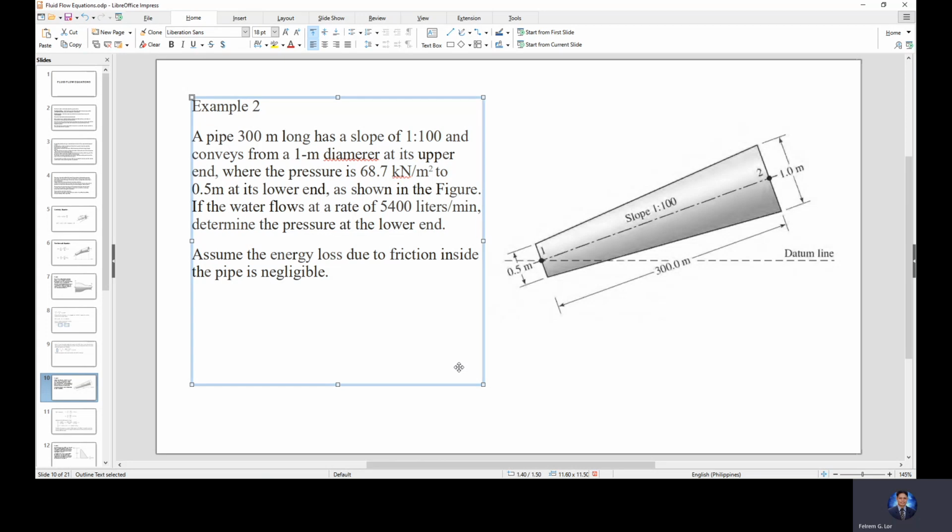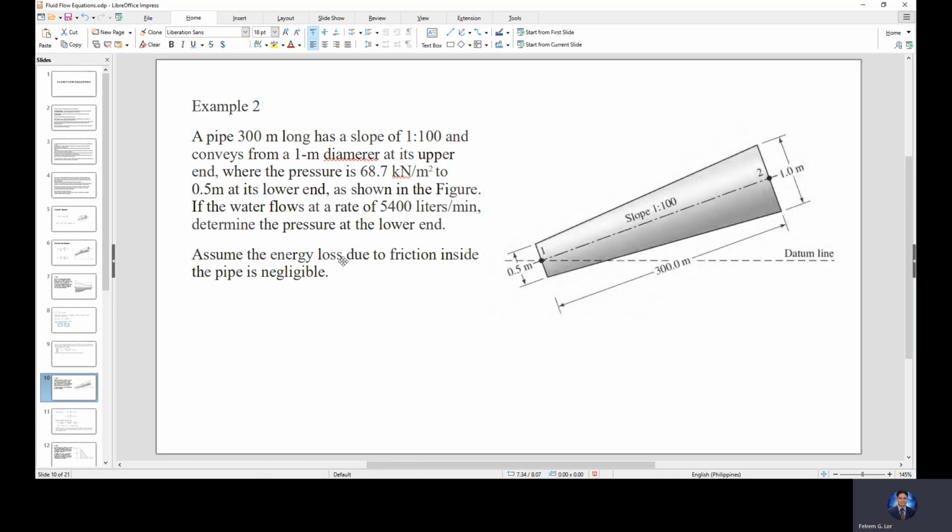Remember that we have a slope of 1:100, so the change in elevation of the pipe is equal to length times the slope, 300 times 1/100. So the difference in elevation between point 1 and point 2 is equal to 3 meters. So point 2 is 3 meters higher than point 1.